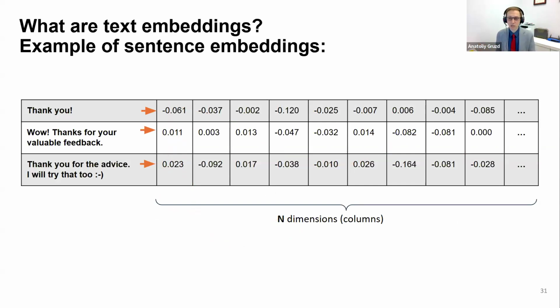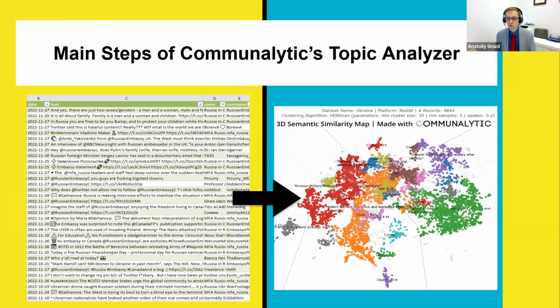The more dimensions you have, the more semantic differences or similarities you capture, which may be good for semantic search. But because we know in advance we're going to reduce dimensions for visualization purposes, quite often 512 dimensions is more than enough to capture those general differences and similarities between messages.